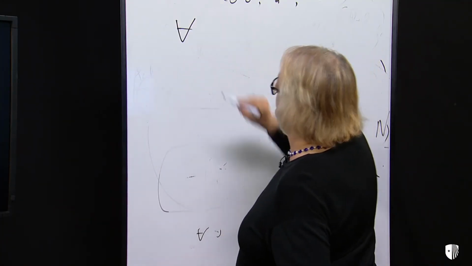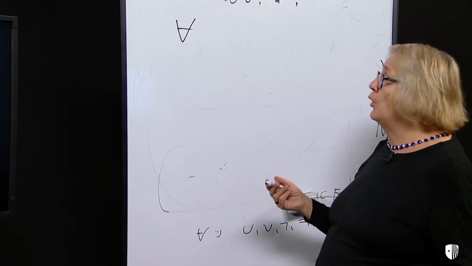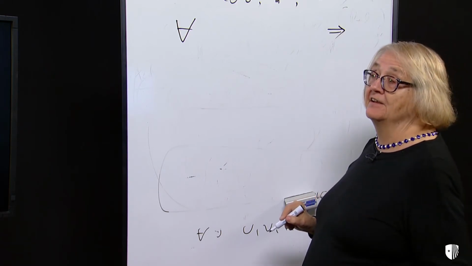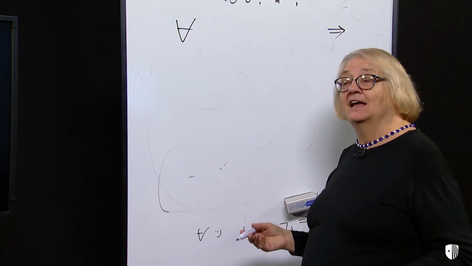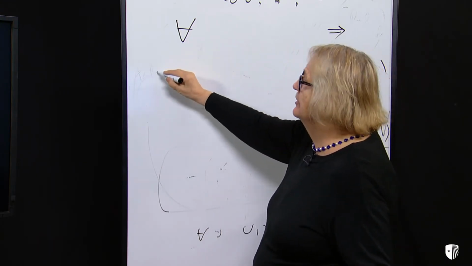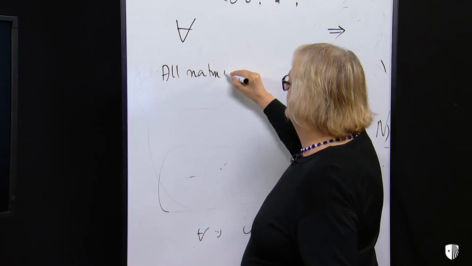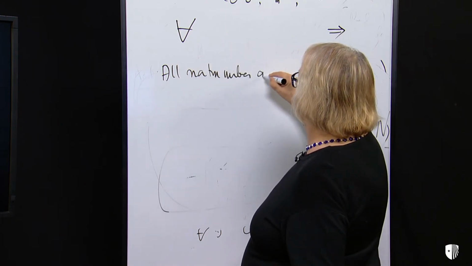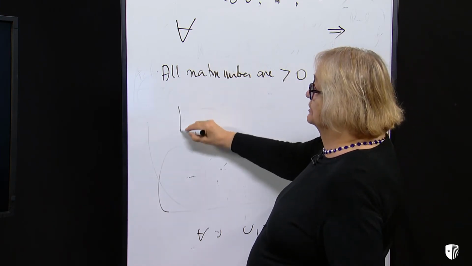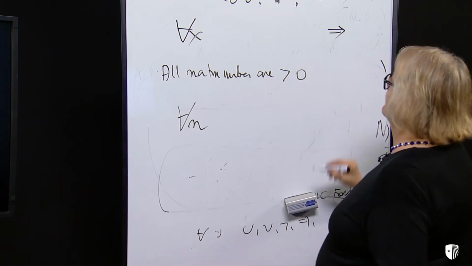It is a symbol for the expression "for all," like this is a symbol for if-then. Now, to say all natural numbers are greater than 0, you have to say for all n. So a quantifier comes with a variable.